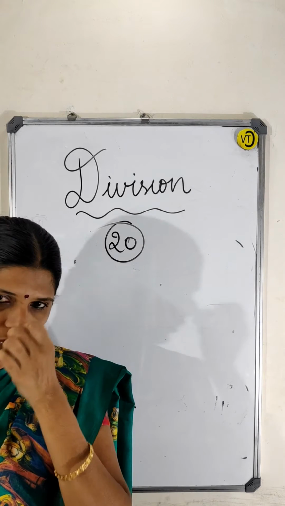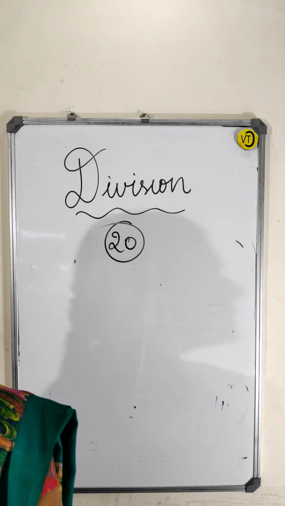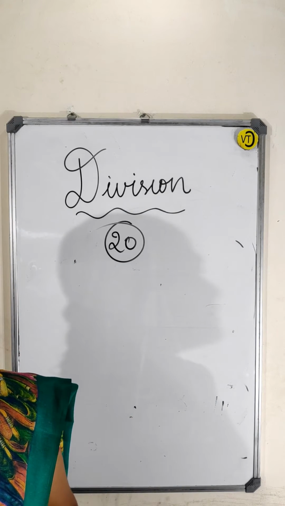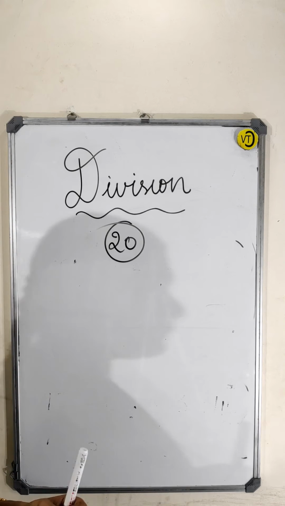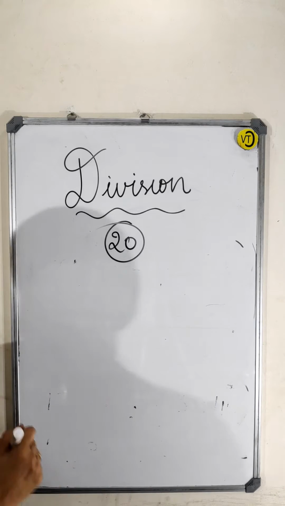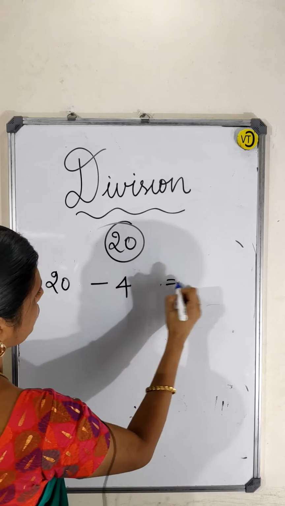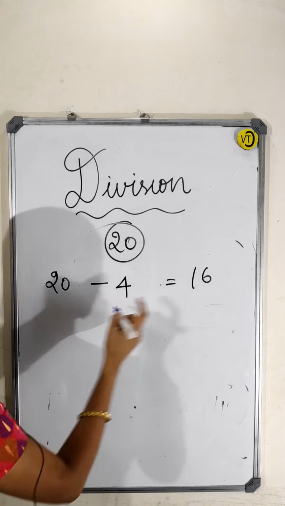So grandmom will first give 1 chocolate to each of them, like how Seema has done. The same way grandmom is also doing. Each child will have 1 chocolate and grandmom will be having 20 minus 4 is 16 chocolates. Second step, what she is doing?